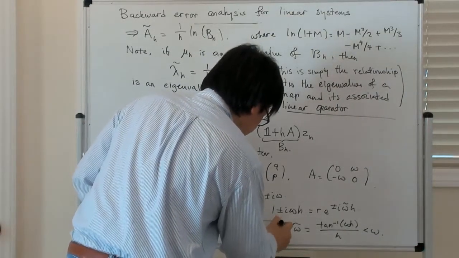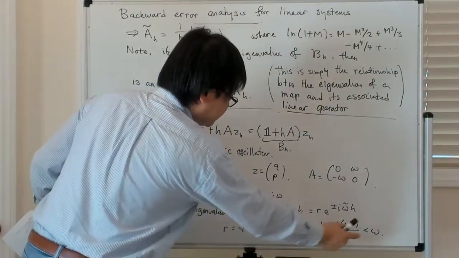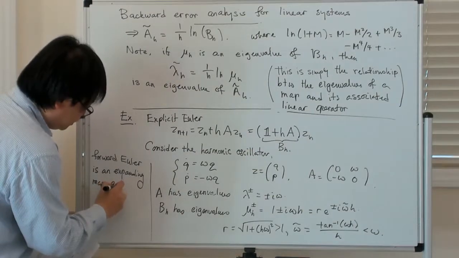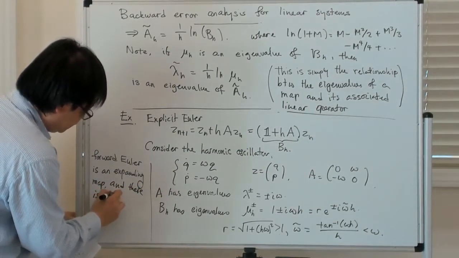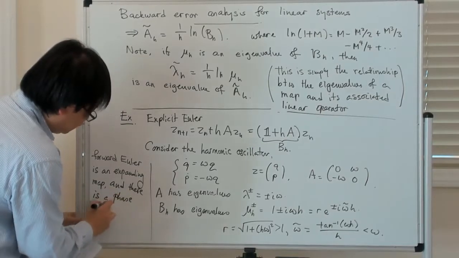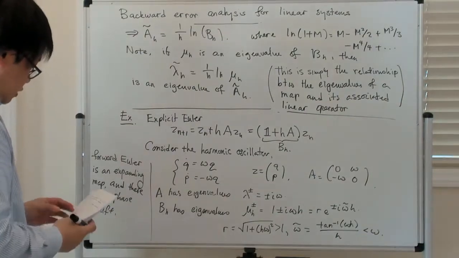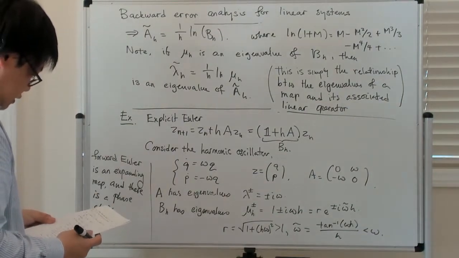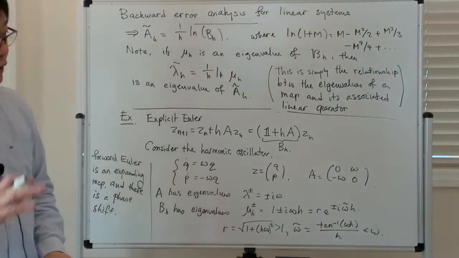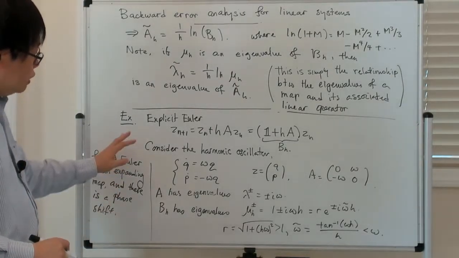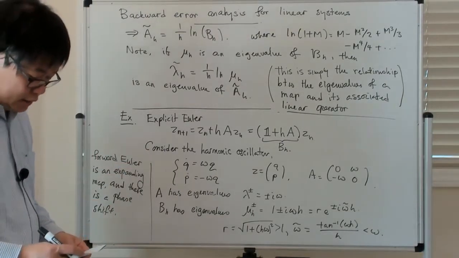And there is a phase shift because omega tilde is not equal to omega. Okay, let's just stop here for now. Later we'll look at a more general Runge-Kutta method applied to the harmonic oscillator.